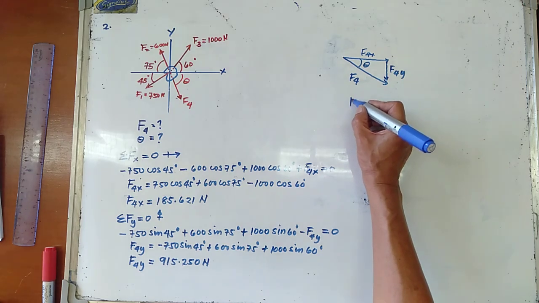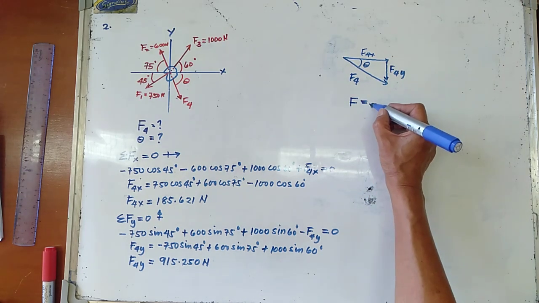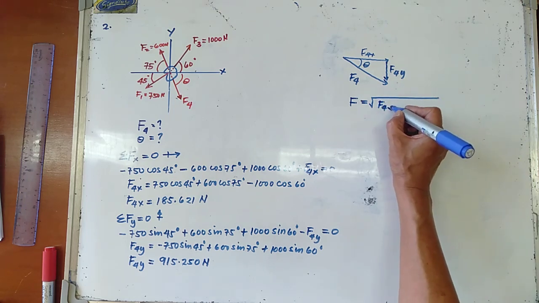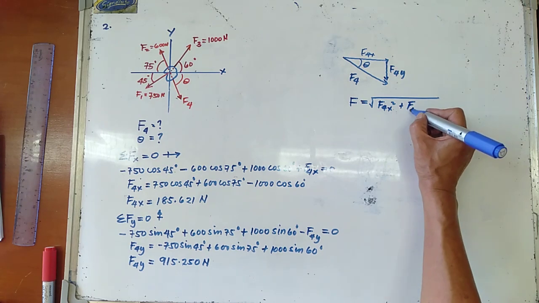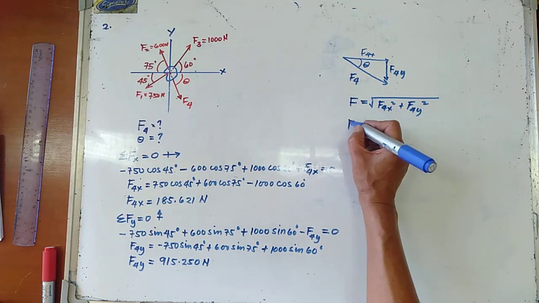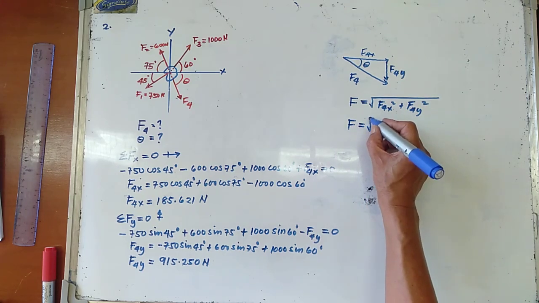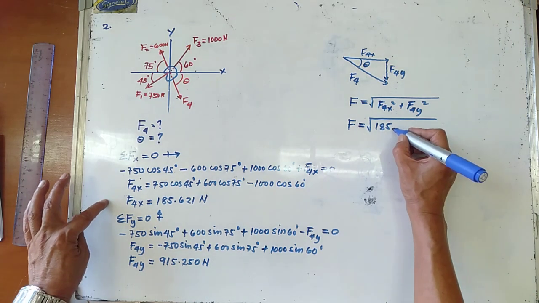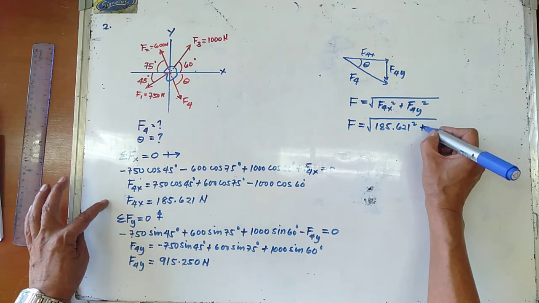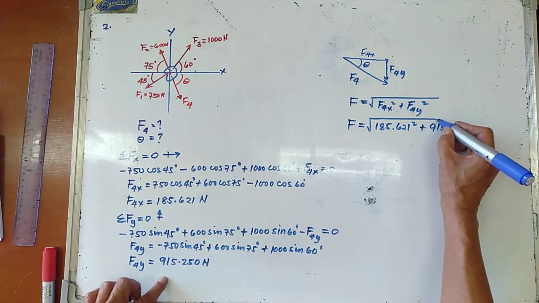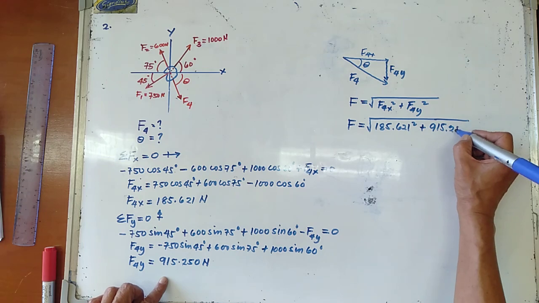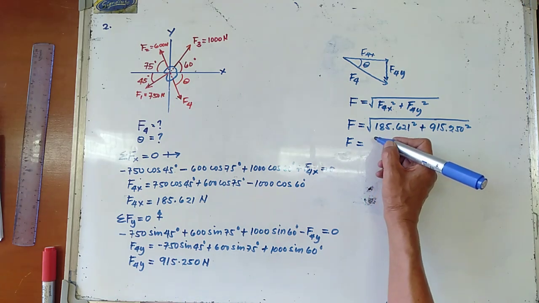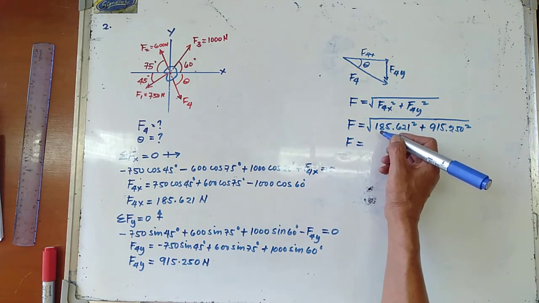Again, using Pythagorean theorem, F is now equal to the square root of F4x squared plus F4y squared. So that the value of F is now equal to the square root of 185.621 squared plus 915.250 squared.